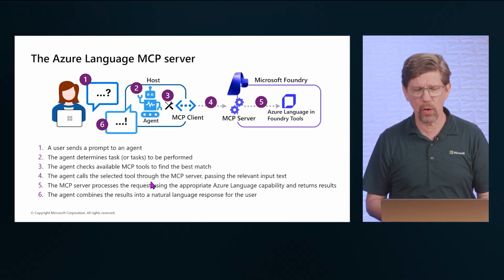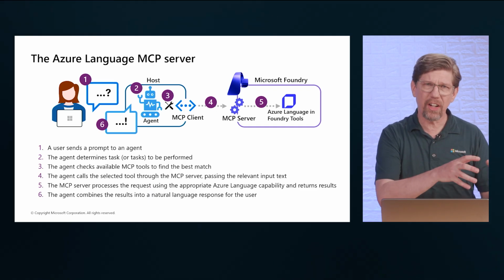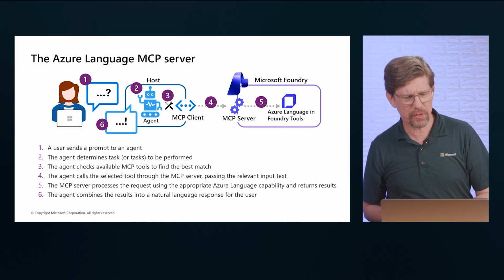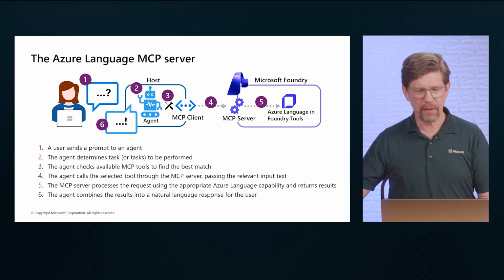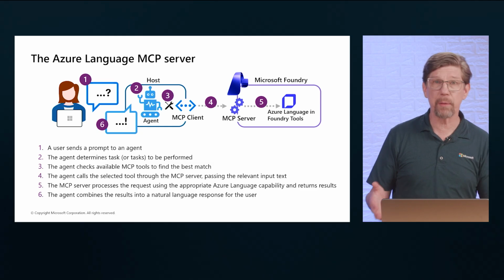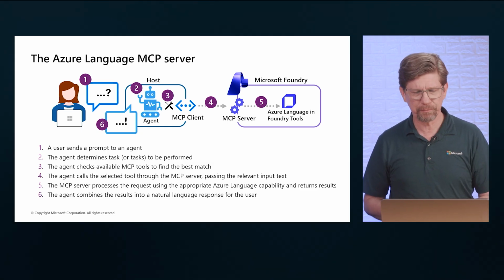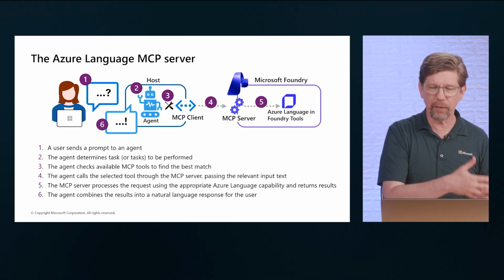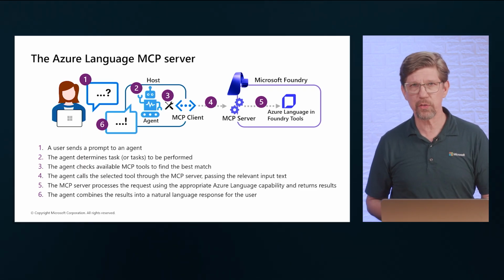The agent then calls that selected MCP tool, passing in the relevant document or text that has to be used. The MCP server processes the incoming request, the appropriate response comes back from the language system, and then those are blended together into the response for our user.